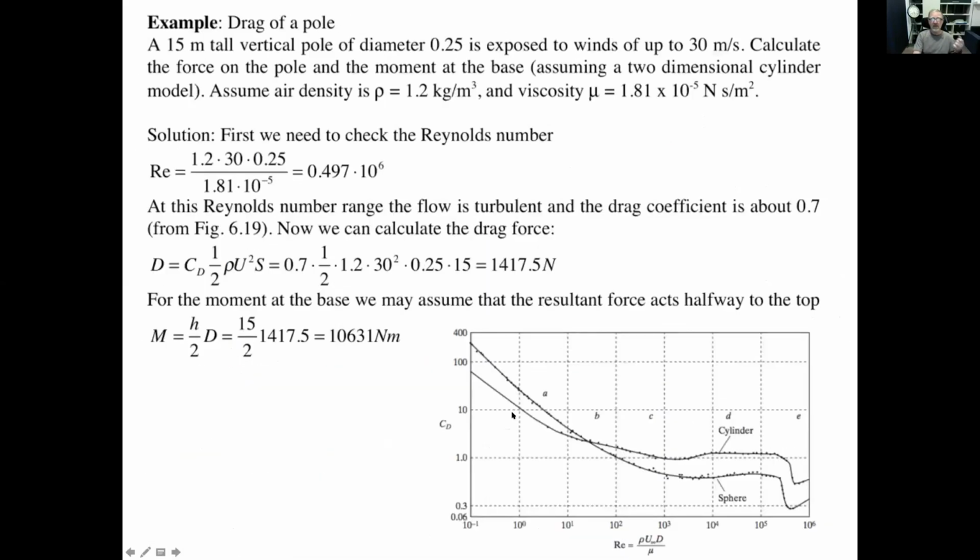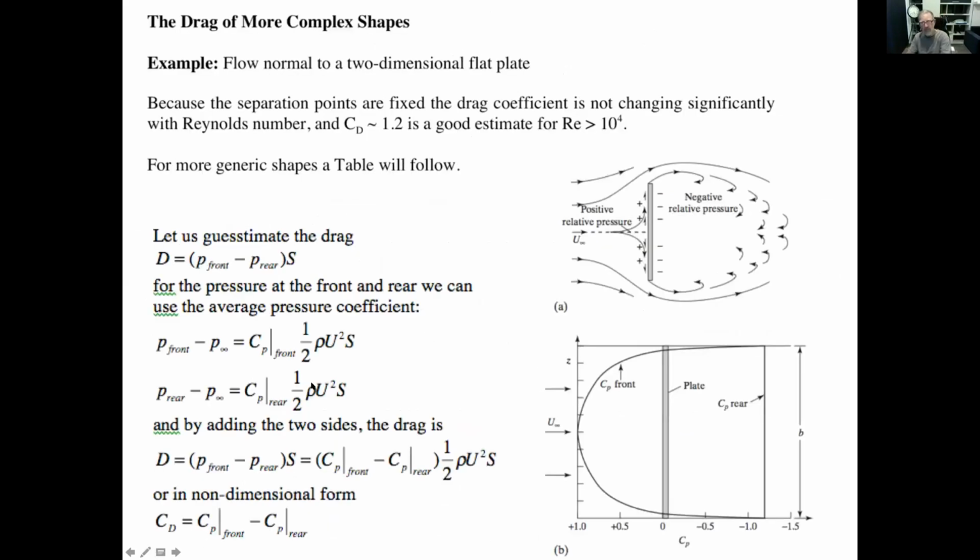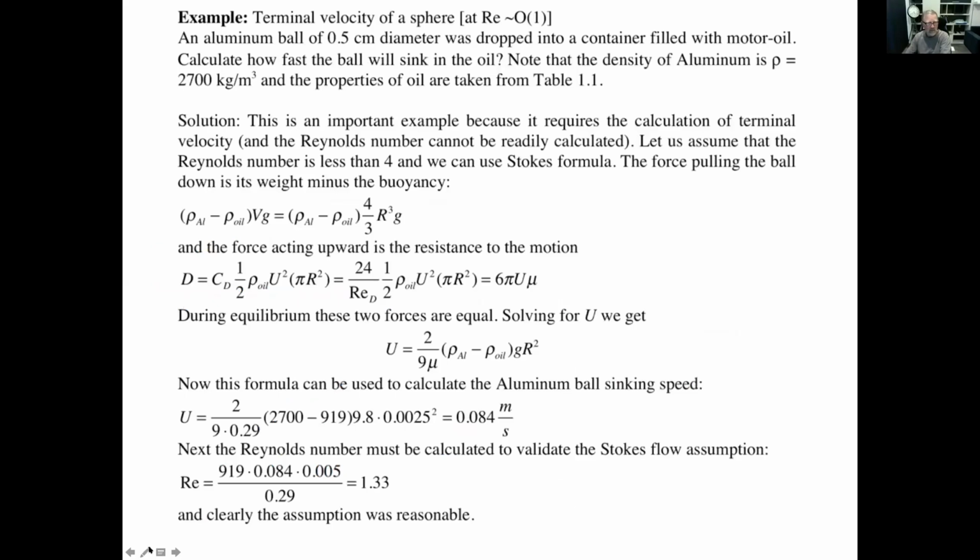So here we are, again with the sphere. This is unforgiving, the pen thing. All right, so let's go back. Here is the ball. We figured out the weight minus buoyancy. We have it here. And then the drag, which is going this way, which is CD. Now, instead of CD, we put in 24 over Reynolds.